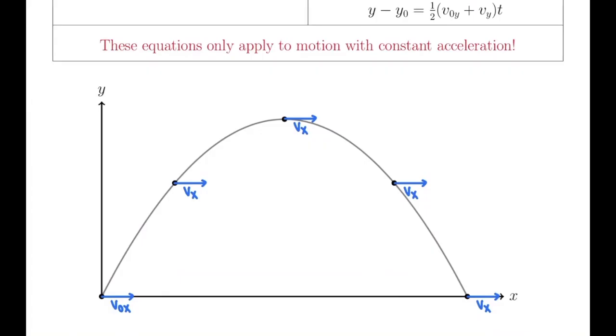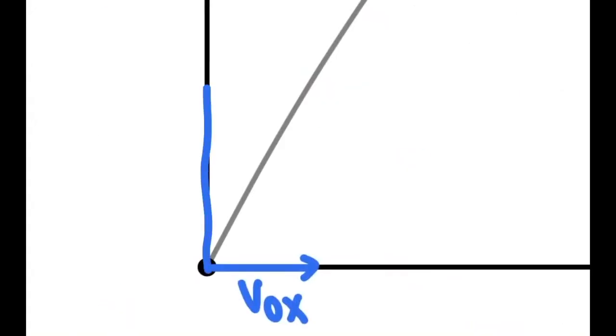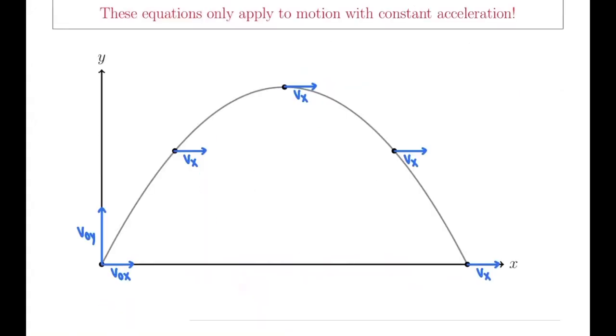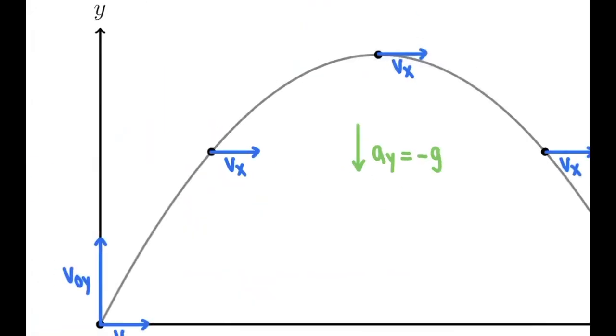So if the object is projected at an upward angle, there's going to be an initial vertical component to the velocity, and we're going to call that v naught y. Let's say it's like this. And remember, acceleration is negative g. It's also constant, so we can use these kinematic equations.